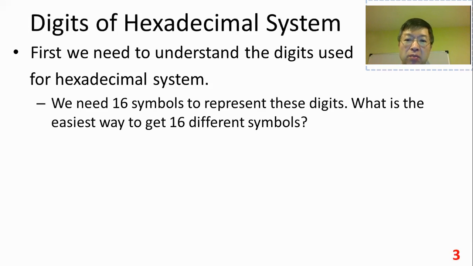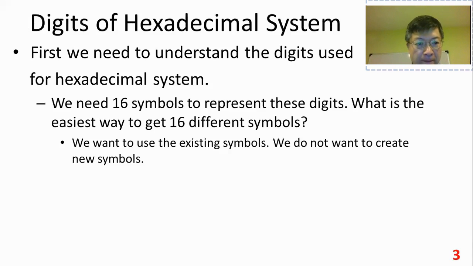But we want to have some easy way. We do not want to use a very complicated way. So the easier, the better. Okay? So what is the easiest way to get 16 different symbols in our hexadecimal system?